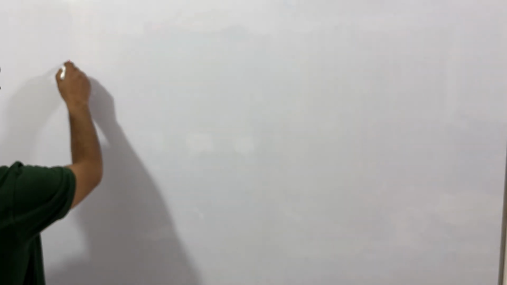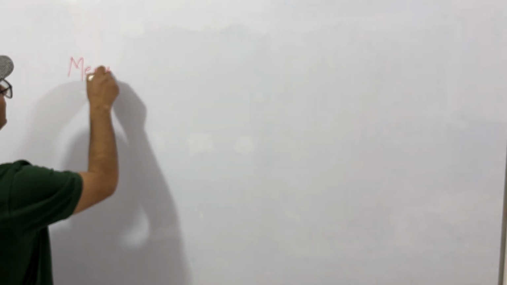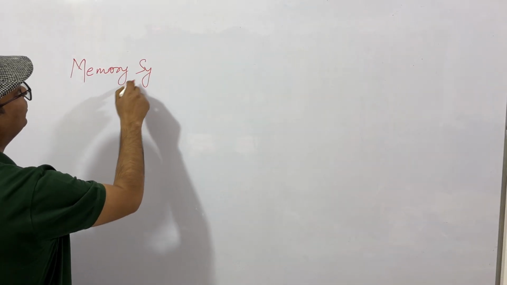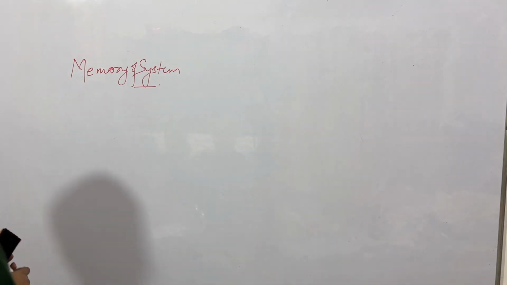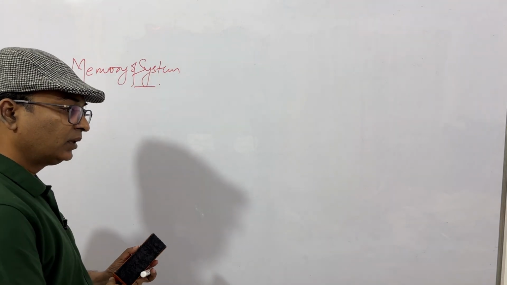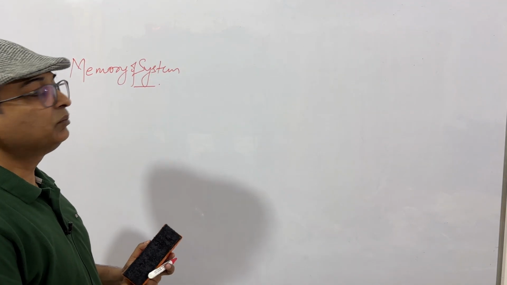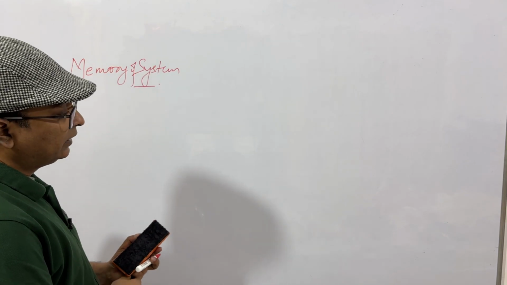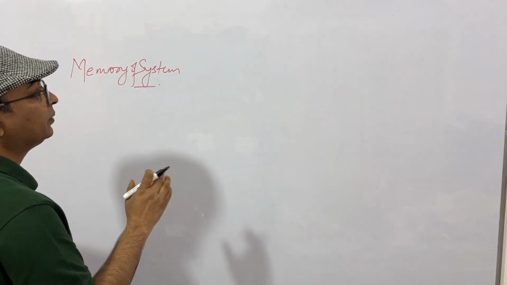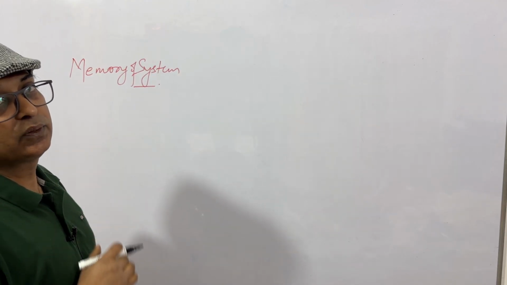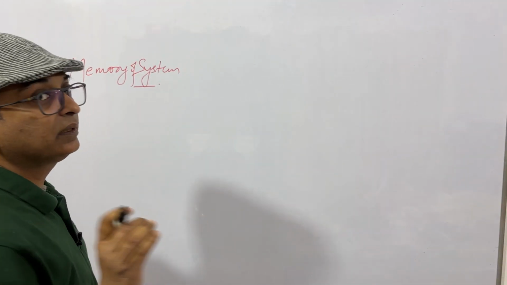So the first property is memory of a system. What is memory? If the output at any moment is dependent on the input at that moment only and it is not dependent on the previous values of the input, then it is said to be a memoryless system.